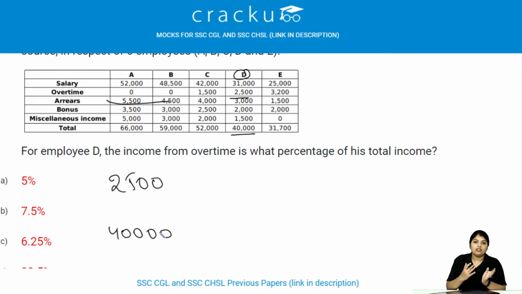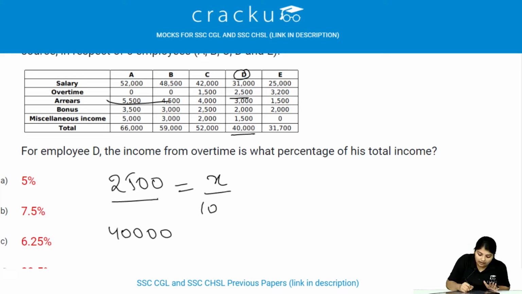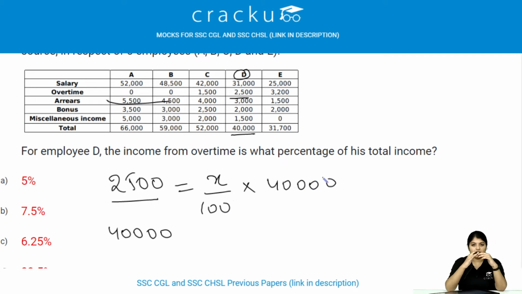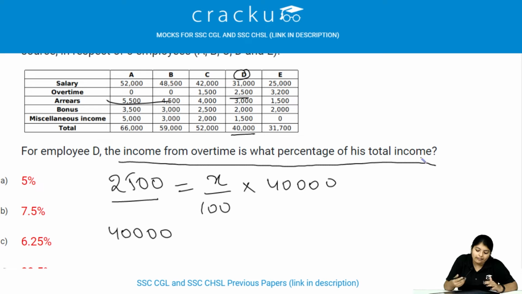So here it's a simple thing. Now 2500 is what percent? We don't know the percentage, so we consider it as x by 100 of 40,000. Just from the given sentence we are deducing the formula, that's it. The income from overtime is what percent of his total income?